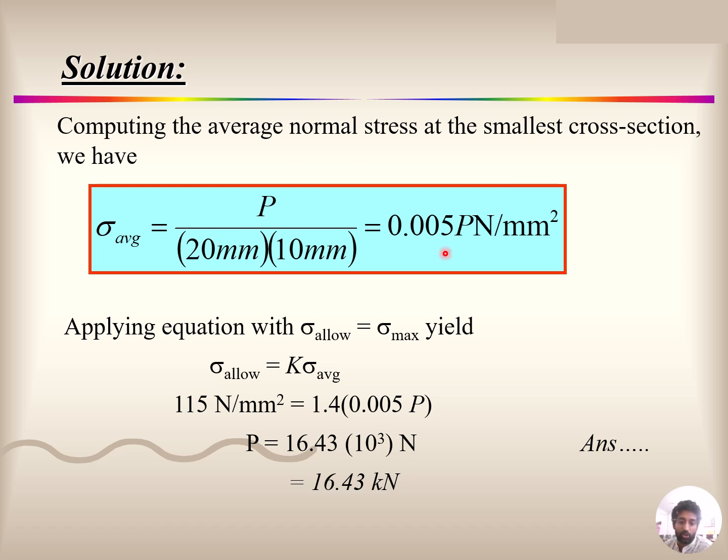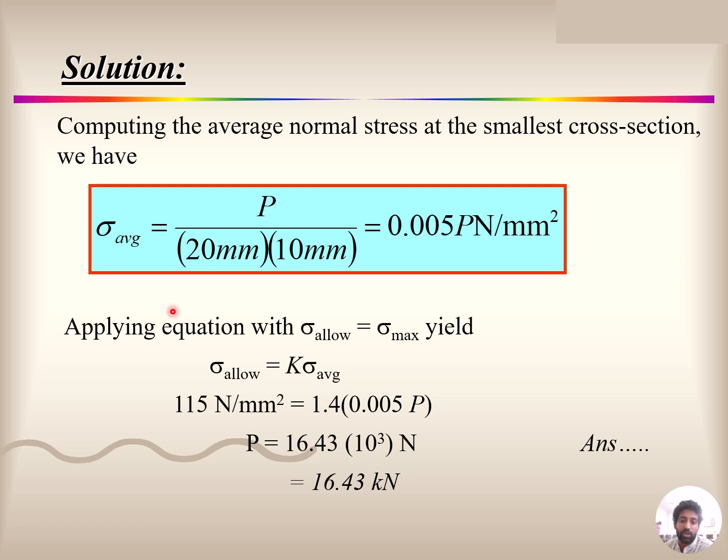Next is how to compute it. We know that sigma average equals force by area. Now, what is the force? We don't know the force, so from there we can find out the force it can take. Sigma allow is equal to sigma max, that is yield, meaning how much it can take.